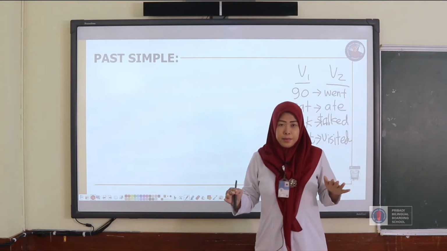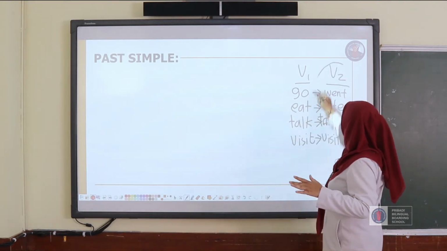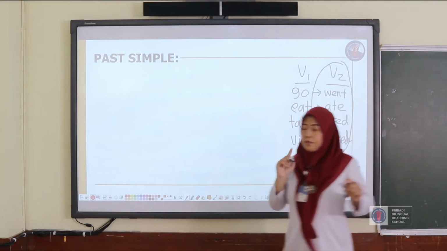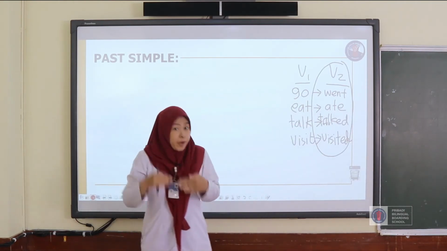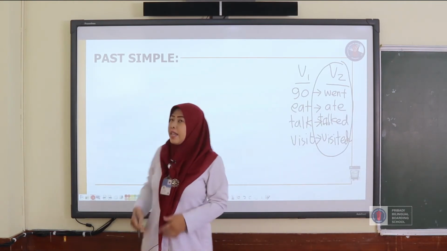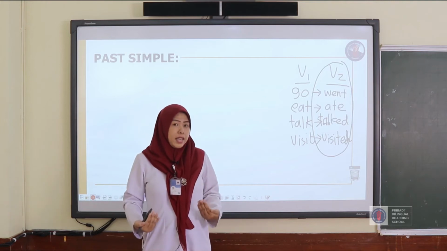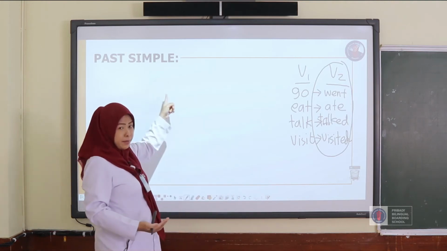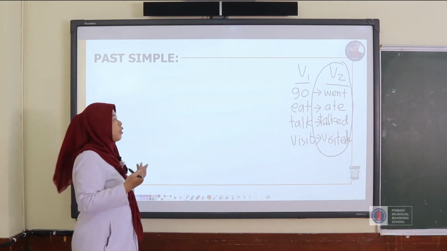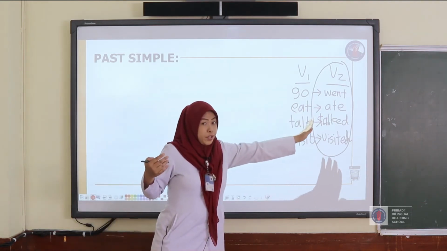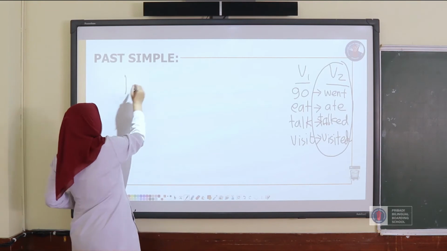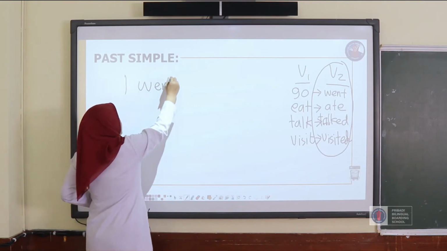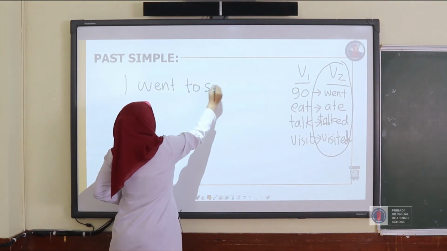With past simple, we're going to use Verb 2 a lot. For example, in the present, right now, I will say, I go to school every day. I eat breakfast. But if we're talking about the past simple, already in the past, we have to use Verb 2. So, I went to school.